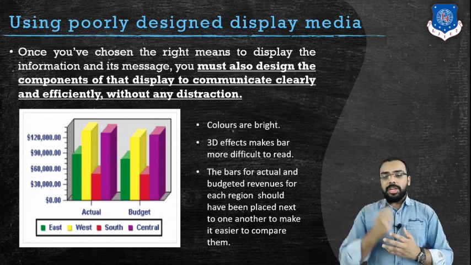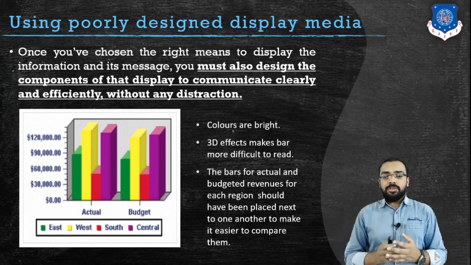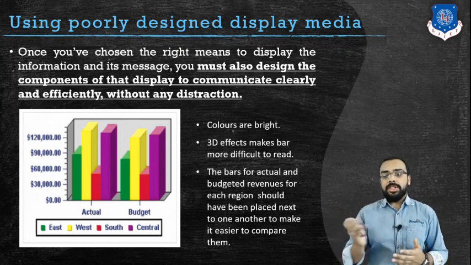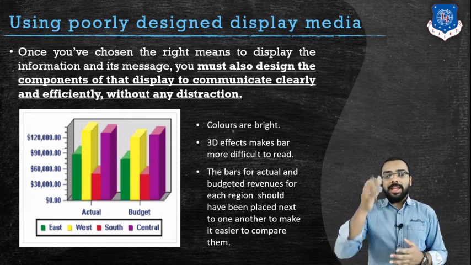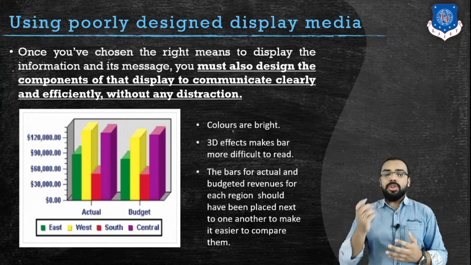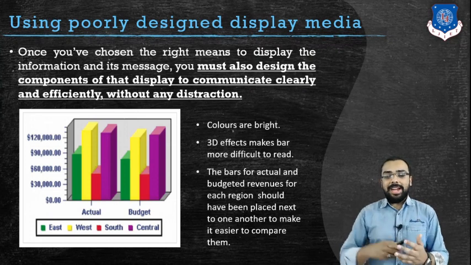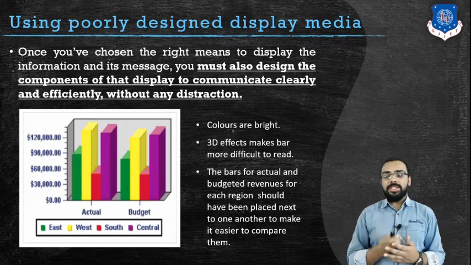Now what is the mistake in this particular chart? First of all, they have plotted one-sided. That means they have plotted actual revenue on one side and the budgeted revenue on the other side. This is not a correct way of showing the data.